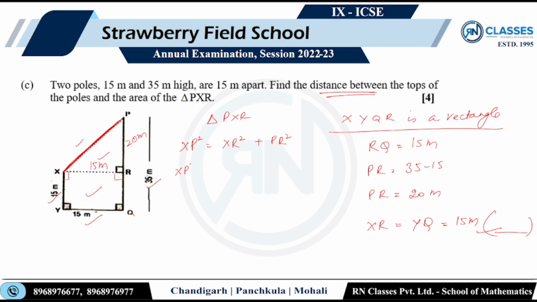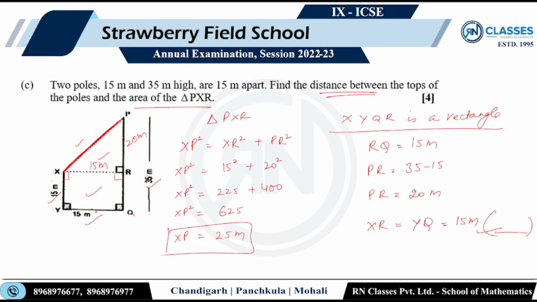So XP square is nothing but 15 square plus 20 square. This is 225. This is 400. This is 625. So, of course, ये मेरा XP का square चल रहा था. XP, I can write it as 25.